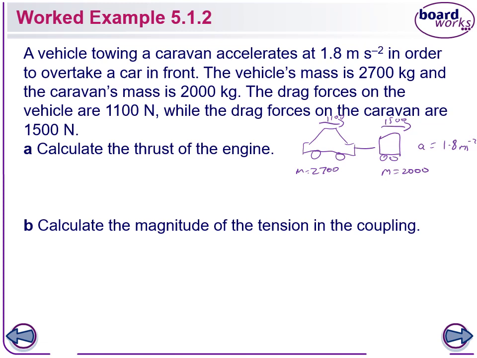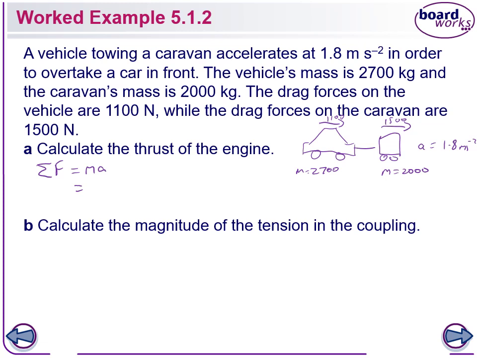Okay? So going back to Newton's second law, we know that our net force is equal to ma. The sum of all of our forces is equal to mass times acceleration. Now, in this case, when we're talking about mass, we're talking about the mass of the entire system, because we're talking about the acceleration of the entire system as well. So the mass of our entire system is 4,700.